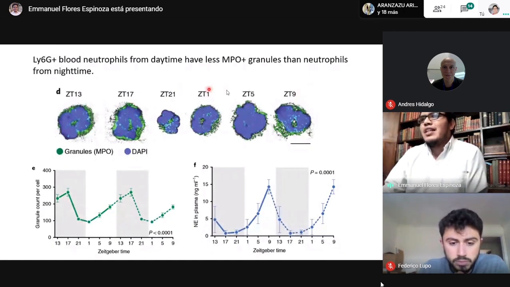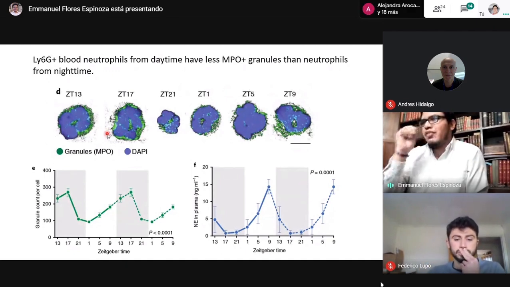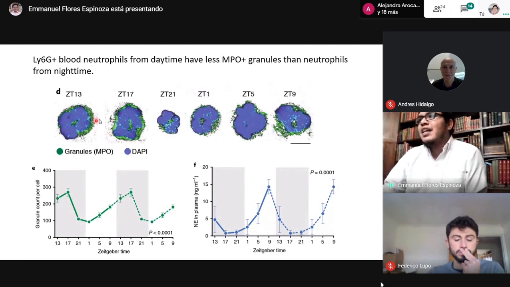And we can see that the granules are more present in the daylight, in the neutrophils isolated at 9, and we can see this variation better in this graph. We can see a typical circadian oscillation of the presence of these granules in the neutrophils.